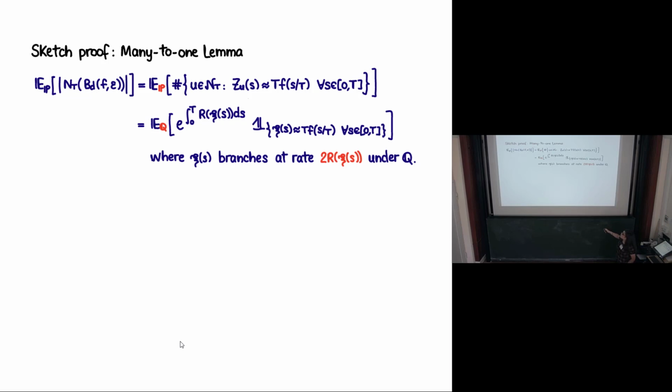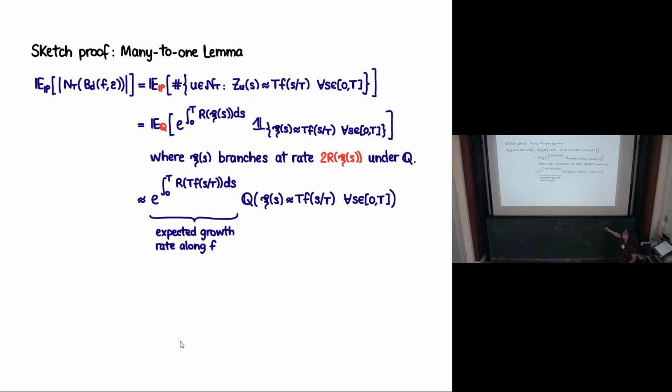And so you can do estimates on the rate and say that the rate along the spine is just going to be the rate evaluated at f. Now this is deterministic, so the expectation becomes the expected growth rate times the probability of this event, so the probability that just one spine is near f. And so this is already building up on the calculation.